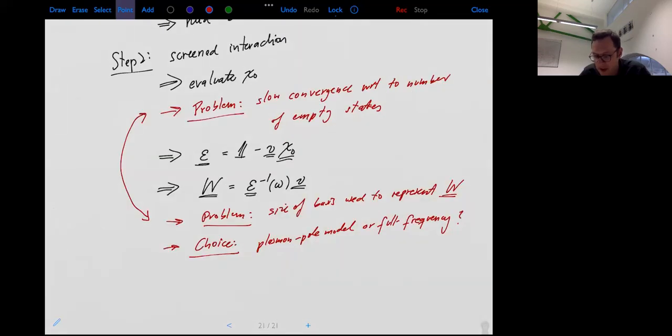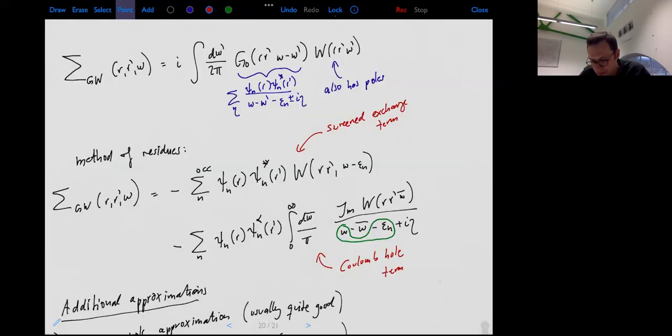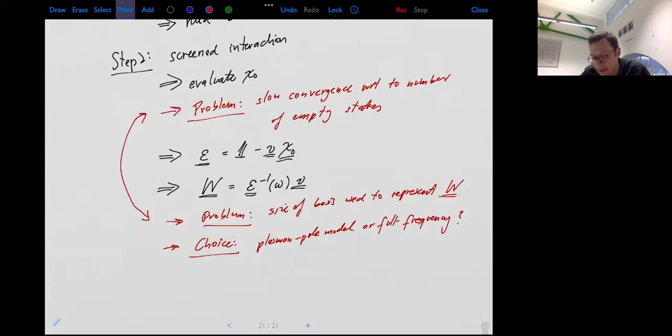If you decide to go with the full frequency version, you will have to calculate the screened interaction on a frequency grid, and of course that frequency grid has to be sufficiently fine and sufficiently large to carry out this integral accurately. So that is another thing that you need to worry about if you decide to go down the route of a full frequency calculation.